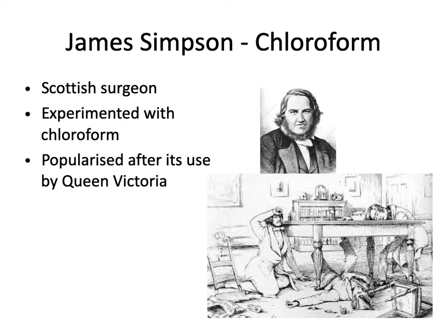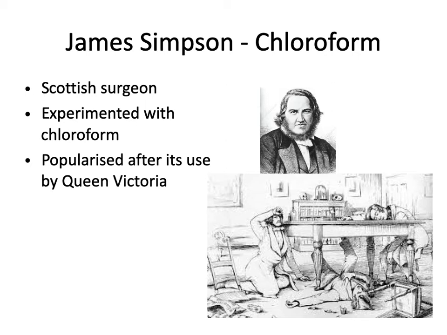Now, chloroform was a much better form of anaesthetic than the previous ones because it was safer and it had the good properties of knocking you out. But you had to make sure the dose was carefully controlled because you don't want to OD the patient, overdose the patient.